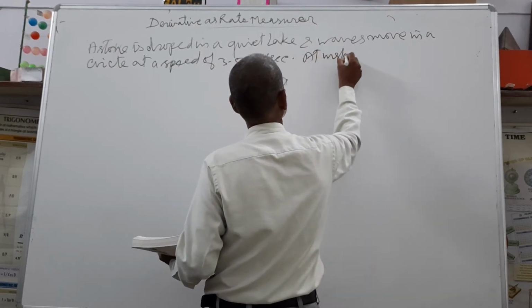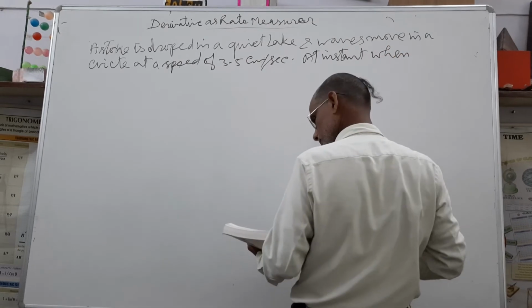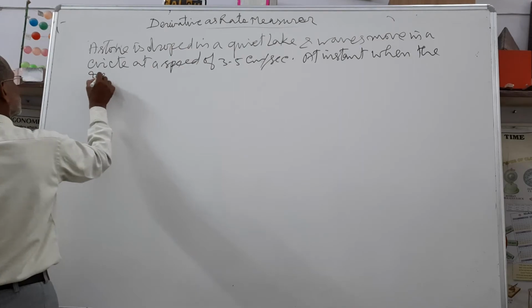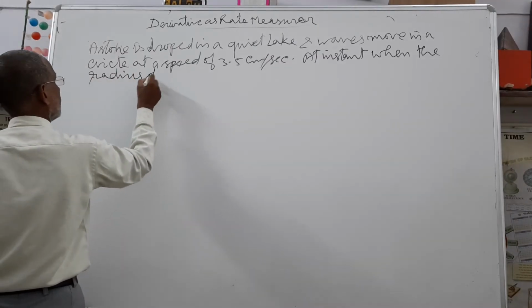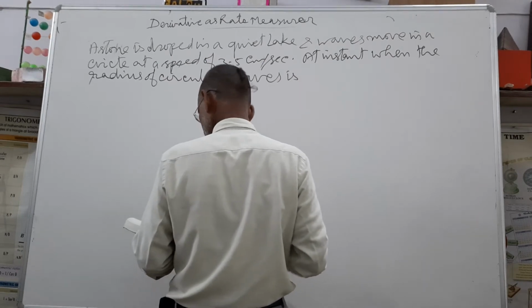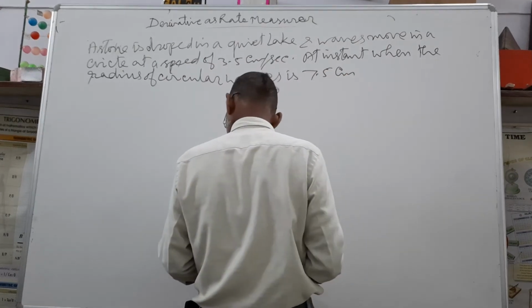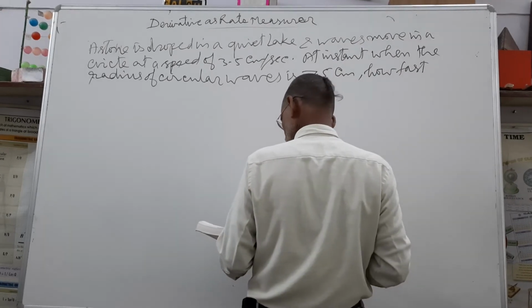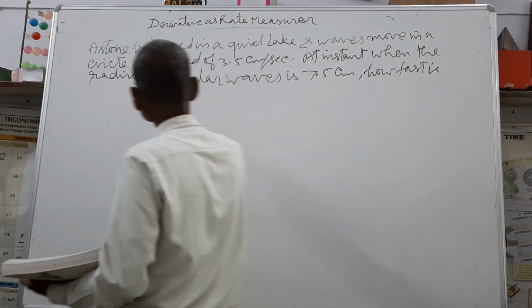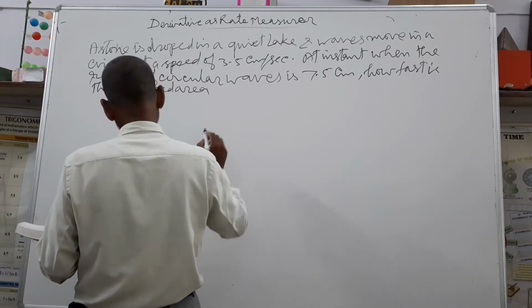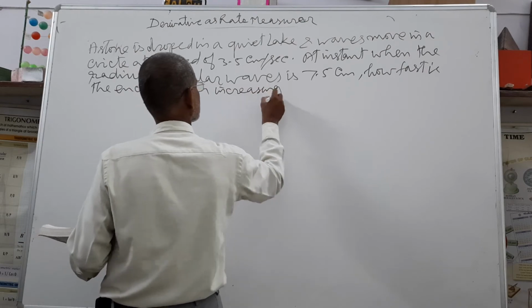At the instant when the radius of the circular waves is 7.5 centimeter, how fast is the enclosed area increasing? This is your question.